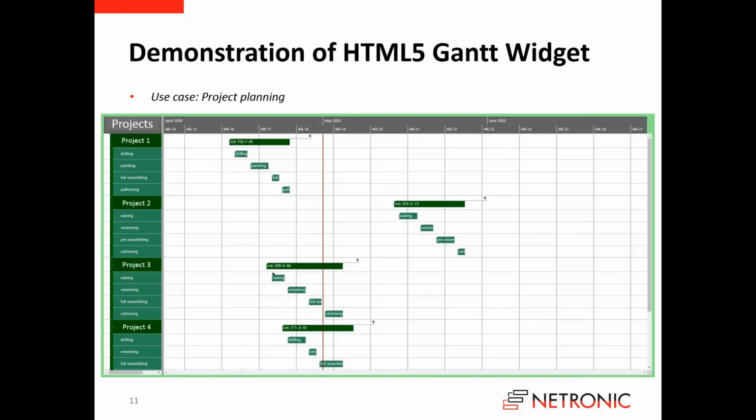So here I show just a mock-up of the use case project planning, and I want to add to what Dieter said that even though in the use case before and here you see just the table part with one column, it is of course possible to have multi-column table parts, as many as you like.